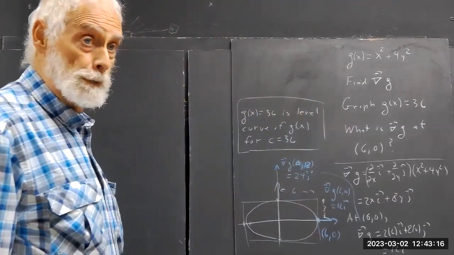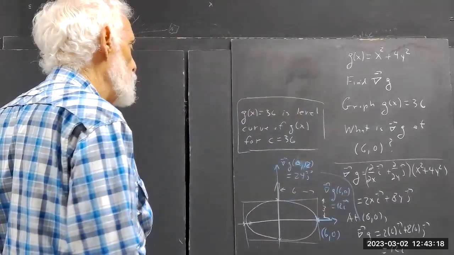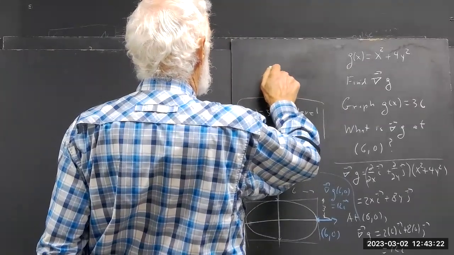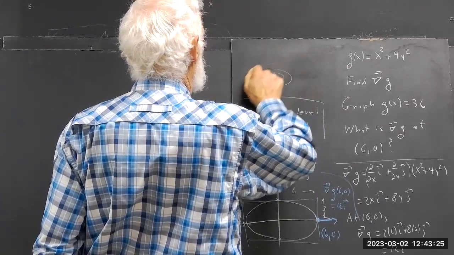You're seeing that in some of your homework. If you draw all the level curves, they're ellipses, geometrically similar.